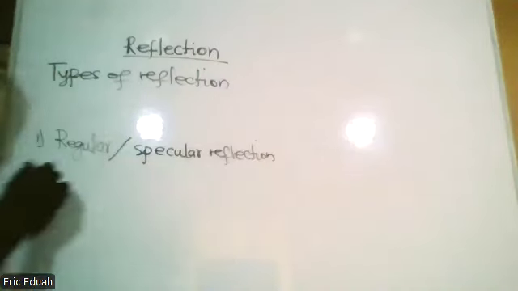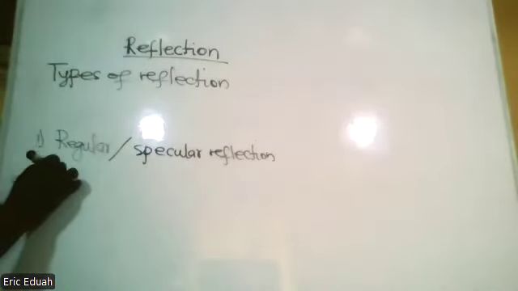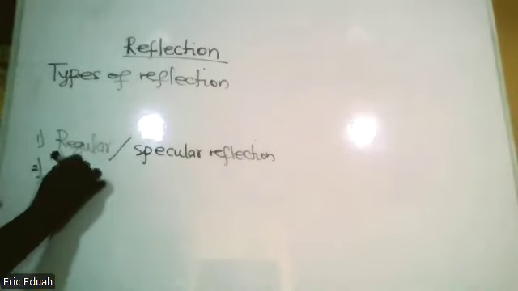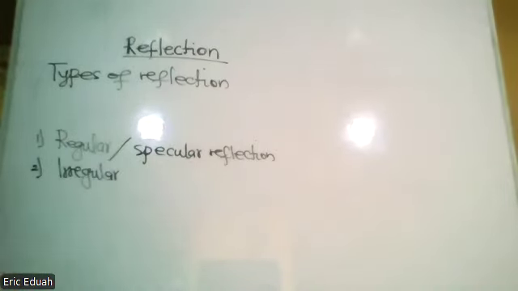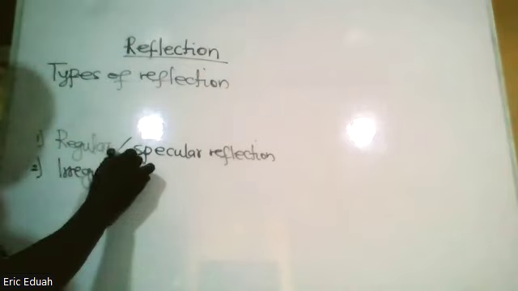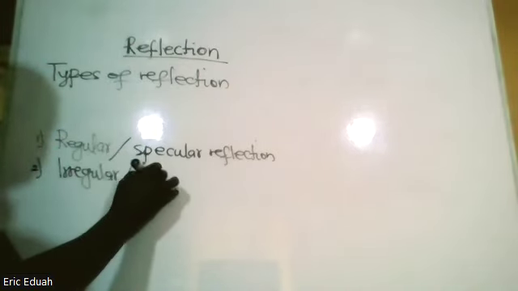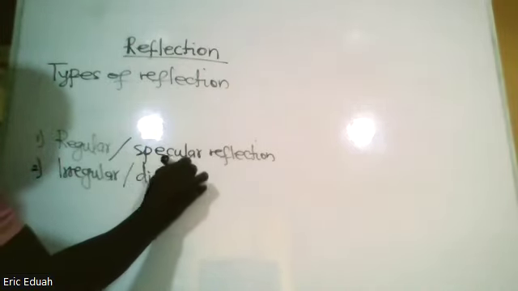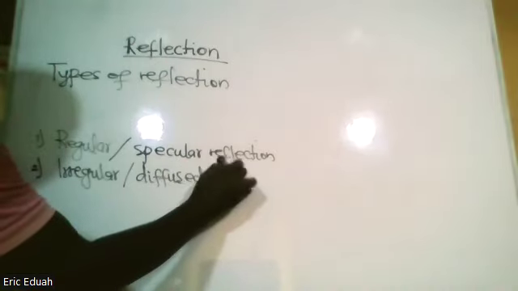Then the other type, we have irregular, or diffused, reflection.